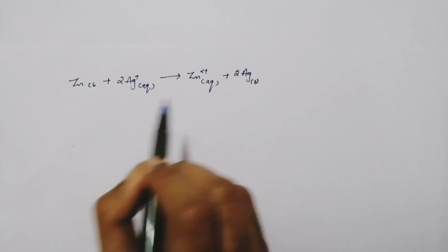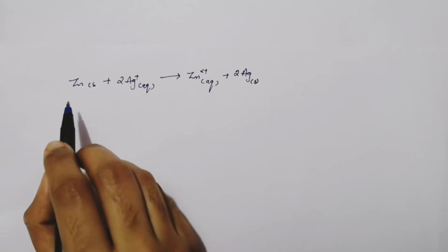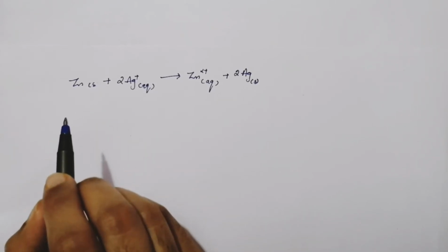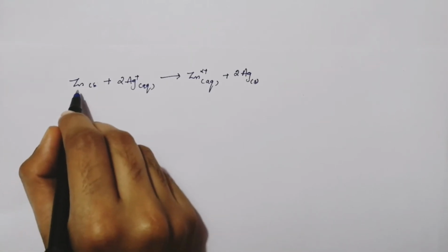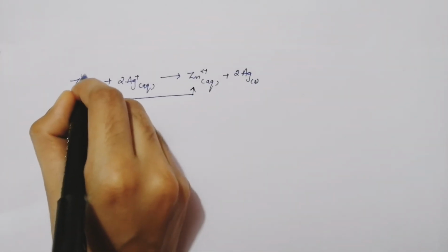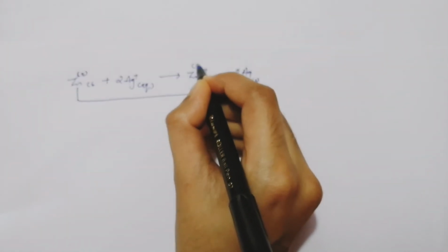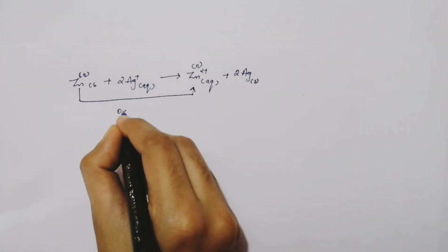So this is the given chemical reaction. From this, let us identify which among these two metals is undergoing oxidation and which is undergoing reduction. Now we know that zinc metal is undergoing oxidation because the oxidation state changes from 0 to 2 here. So we can say zinc is the metal which is undergoing oxidation.